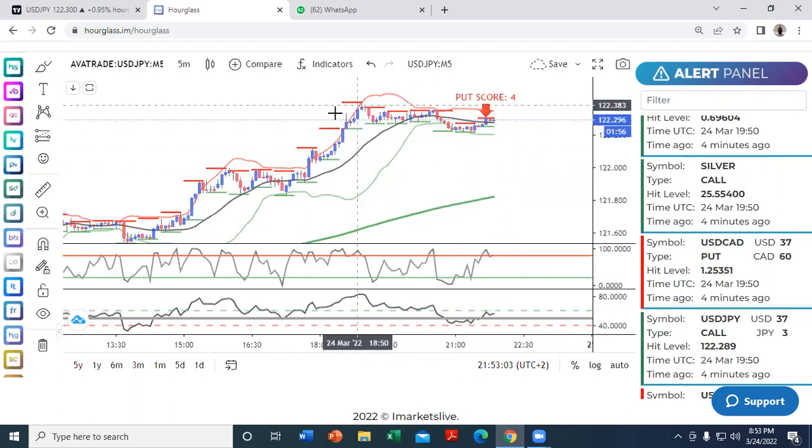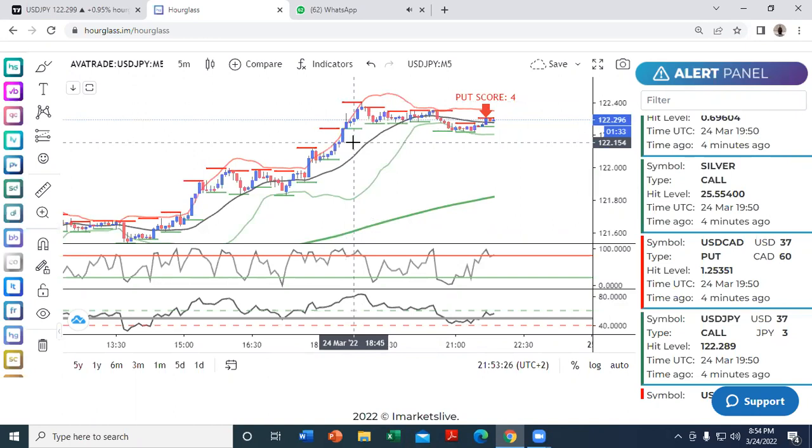Now, if you look at this chart, we have some small red and green lines. The red lines are resistance in the market, and the green lines are support.